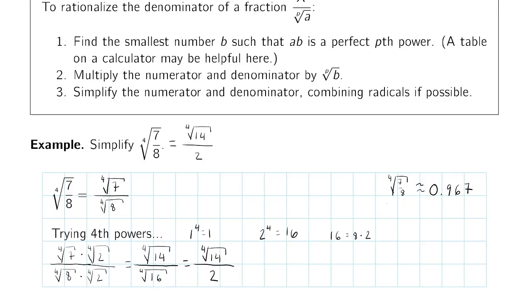And throwing the fourth root of 14 over 2 into the calculator, I get that same awful decimal, which is about 0.967. So when we say those are equal, we really mean they represent the same number.